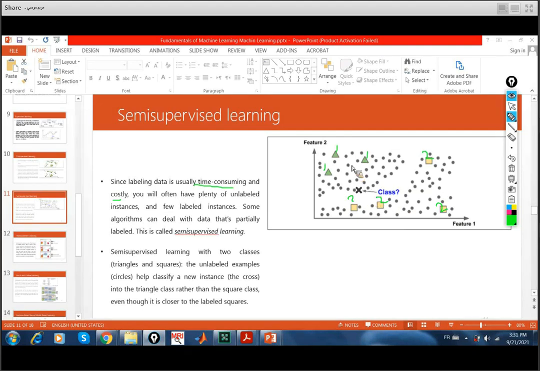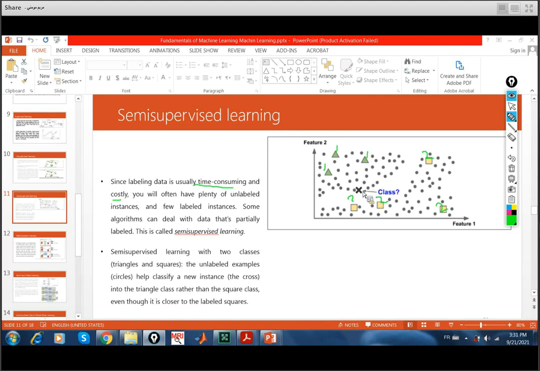If we have a new object and we want to know whether it is a triangle or a square, then using similarity evaluation, the machine learning algorithm decides.